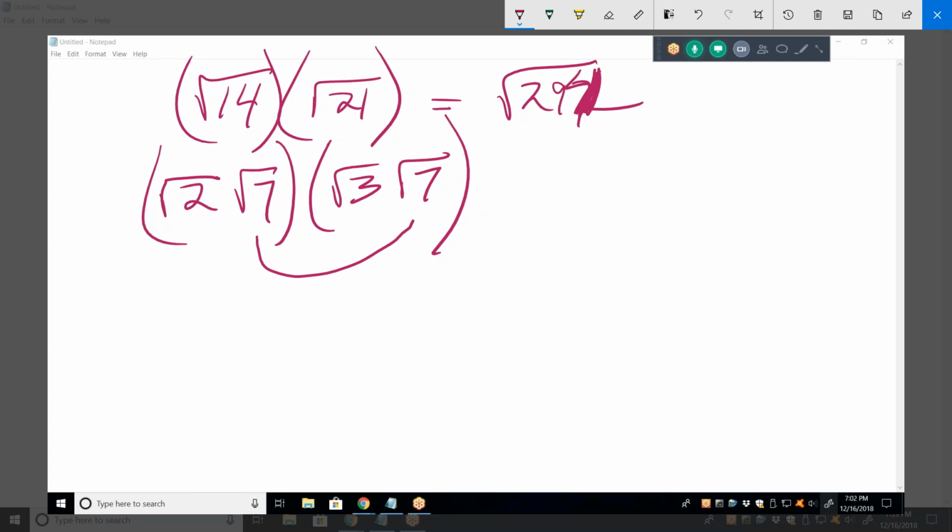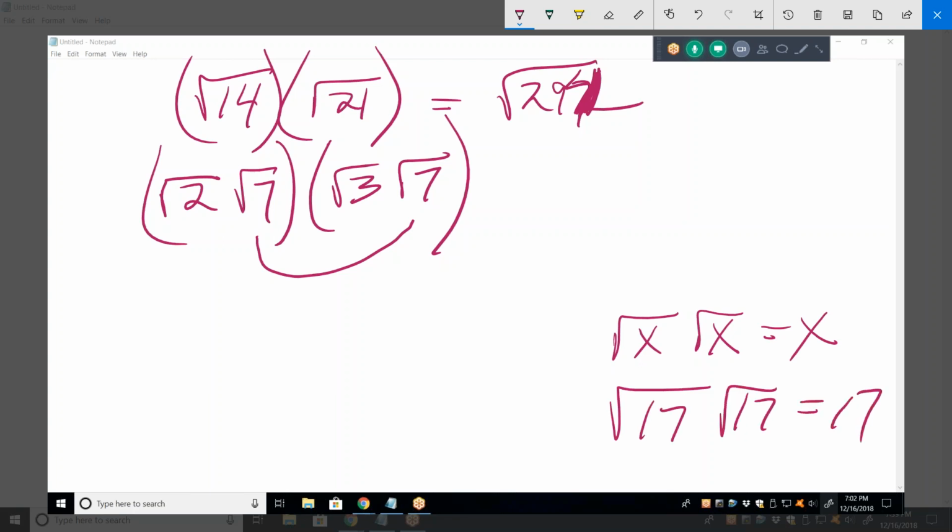Actually, the thing I want you to know is the square root of x times the square root of x is always x. So the square root of 17 times the square root of 17 equals 17. In this case, square root of 7 times square root of 7 is 7. You don't need to go all the way up to 49 and then take the square root of 49. Again, keep your numbers small if you can.